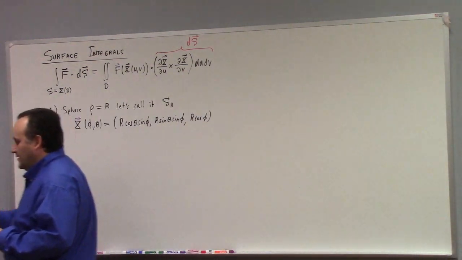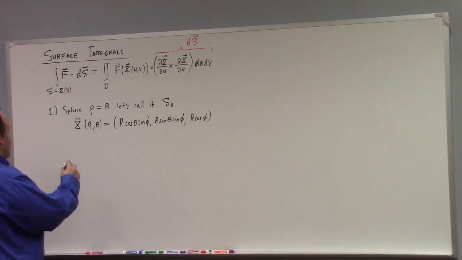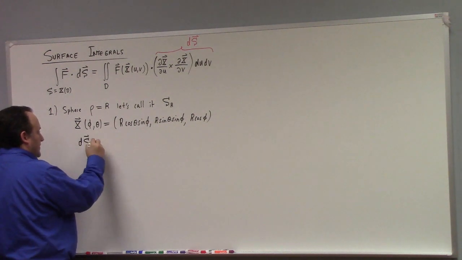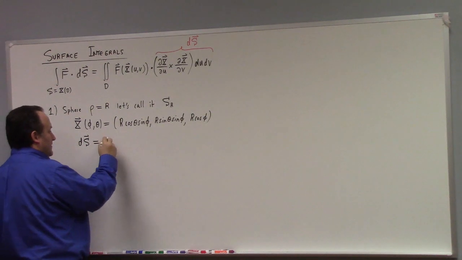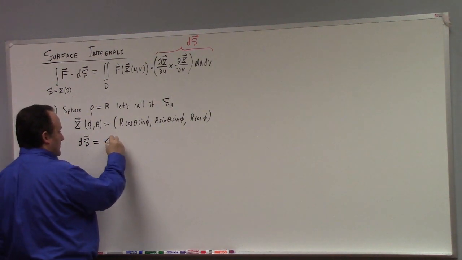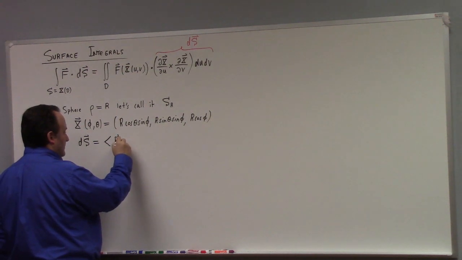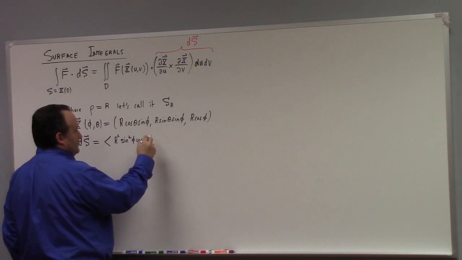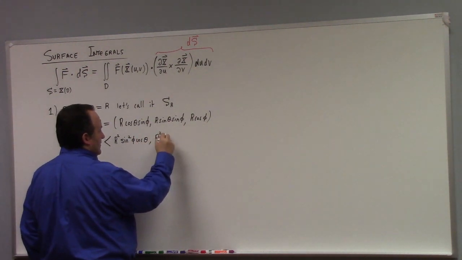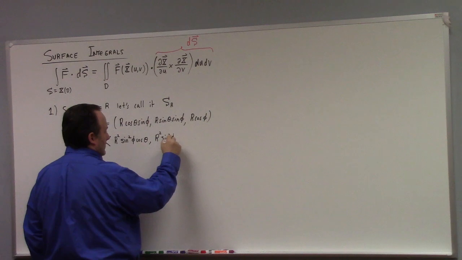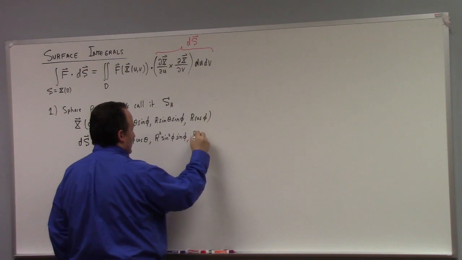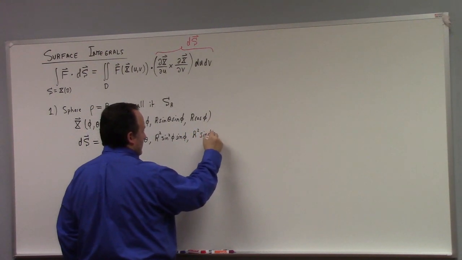And furthermore, sometimes you can write, so like this one, dS vector. We worked it out, and what do we get? R squared sine squared phi cosine theta, r squared sine squared phi sine theta, and r squared sine phi cosine phi.